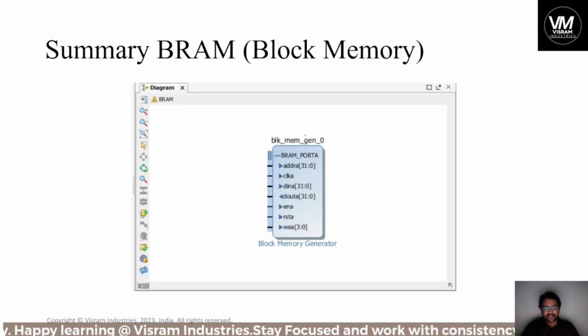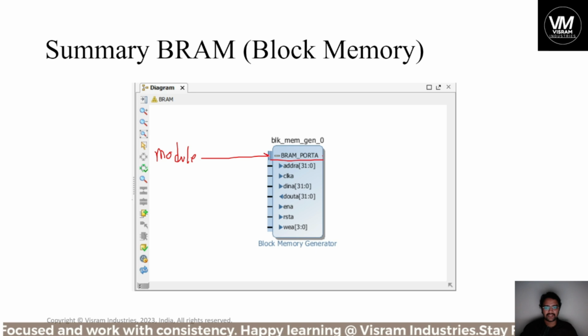Now if you elaborate it, when you double click on it, you can see these connections, what are the inputs and outputs. For a block RAM module, imagine you are writing a Verilog module for it. I will also give an example of a Verilog module from the list of block RAMs that you can see in the user guide manuals.